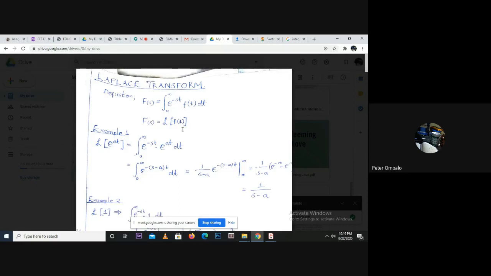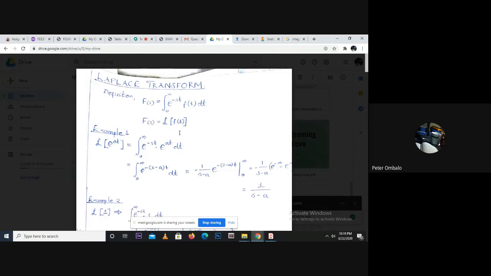So this is how we can write it generally, that f of s, which is the function in S domain, can be the Laplace transform of the function in time domain, right? We are going to remember that this L here represents Laplace transforms, and this is its mathematical expression.